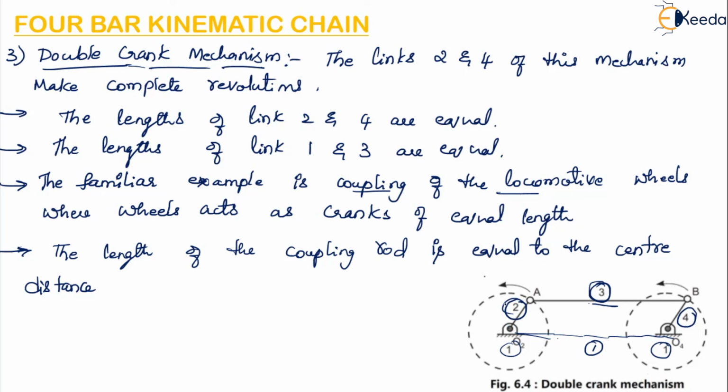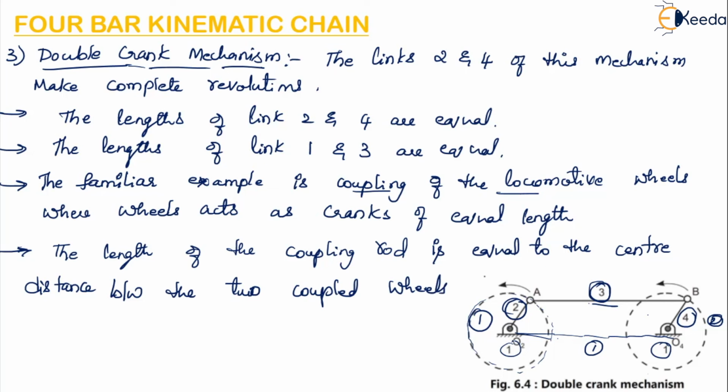Let us consider this circle as the first wheel and this as the second wheel. If link 3 is the coupling rod, its length is equal to the center distance between the two coupled wheels.